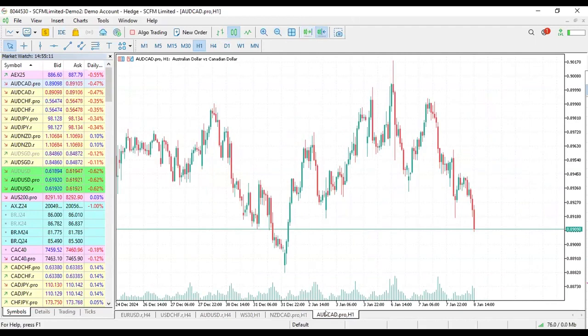So looking at Australian dollar versus Canadian dollar, you can see that by using the x-axis we are going down. This one right here, from this level to this one, we were doing what? We were going up.